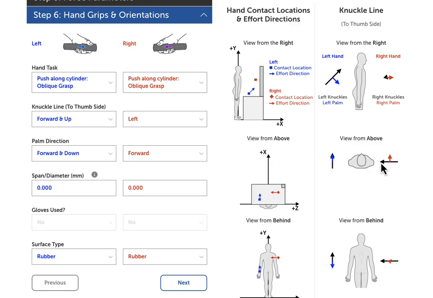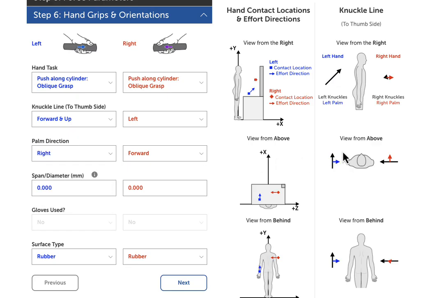And then we need to tell it what direction the palms are going. For example, in this particular case, this is for the left hand. So imagine you have your knuckle, you're in a handshake position, but then you tilt your hand down so that the thumb is going up and forward. And you could imagine that your palm would be facing to the right side.